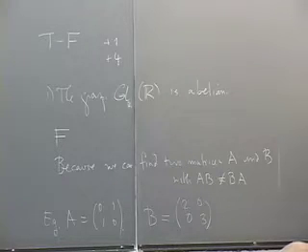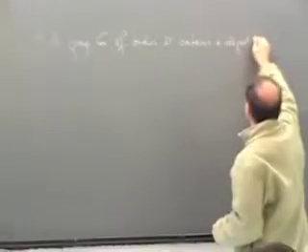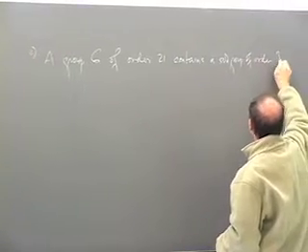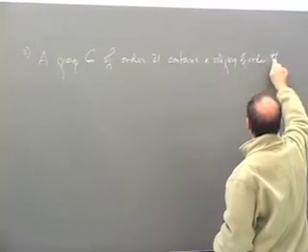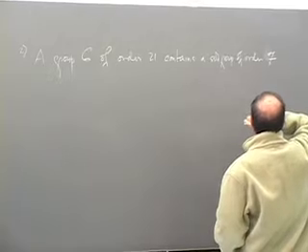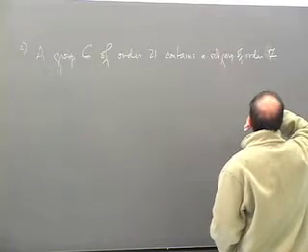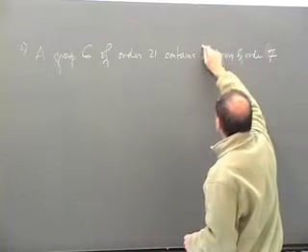A group G of order 21 contains a normal subgroup of order 7.